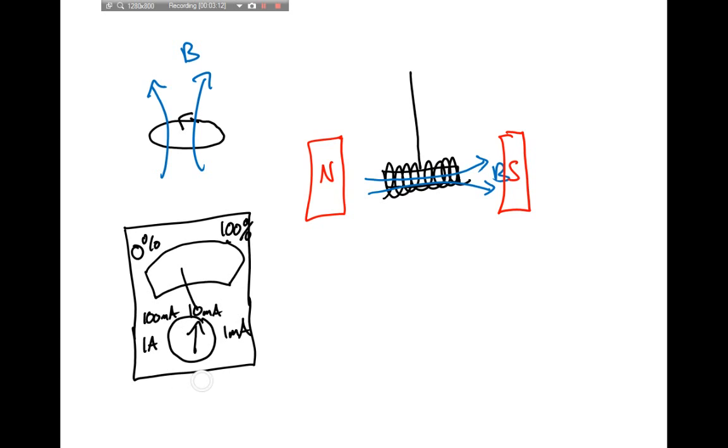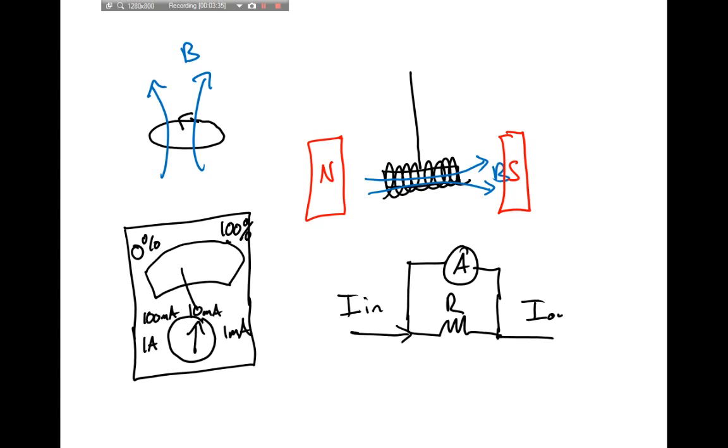And the way that you actually design an ammeter so that it has different scales like this is that you take your galvanometer, which I'm just going to denote with a circle with an A in it since it's something that measures amps, and you actually place it in parallel with a resistor. So the idea is that you have current flowing in here and current flowing out here, and you're trying to measure this current. Now, if you had something like 1 amp flowing through here, that's a very large current.